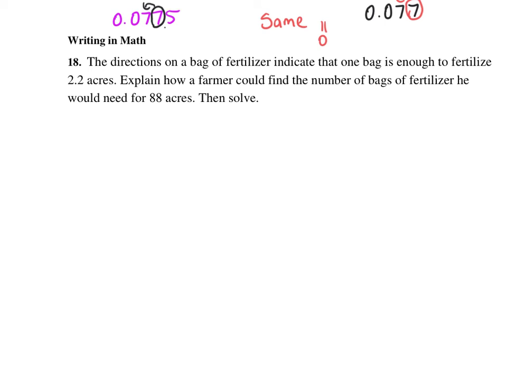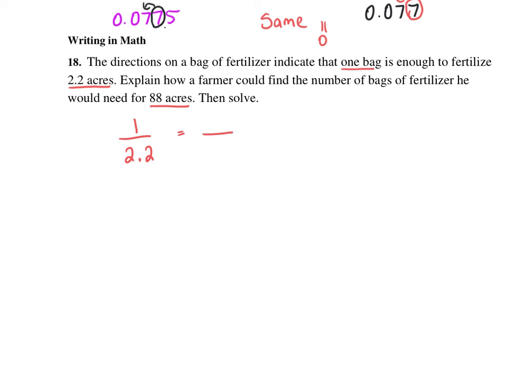Okay, let's go ahead and try the last one. The directions on a bag of fertilizer indicate that one bag is enough to fertilize 2.2 acres. I'm going to write that ratio. One bag for 2.2 acres. Explain how a farmer could find the number of bags he would need for 88 acres, then solve.